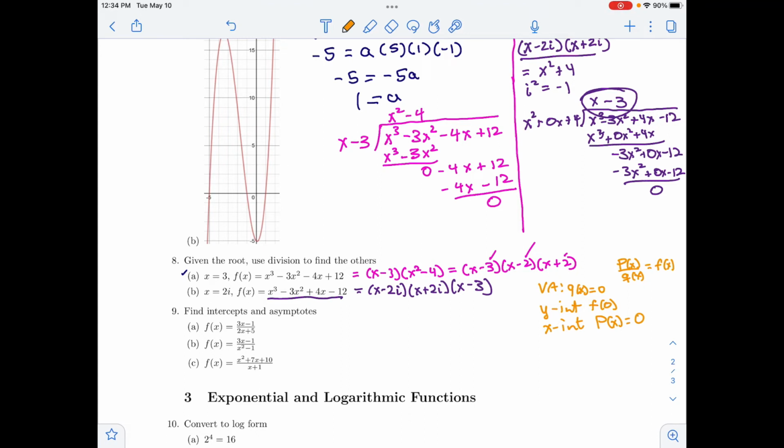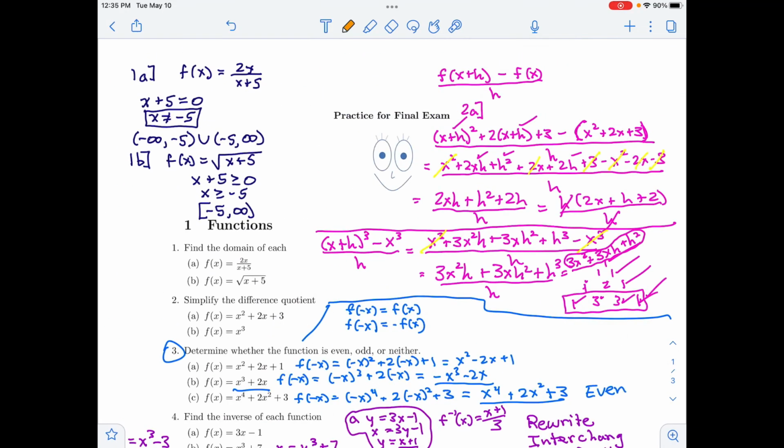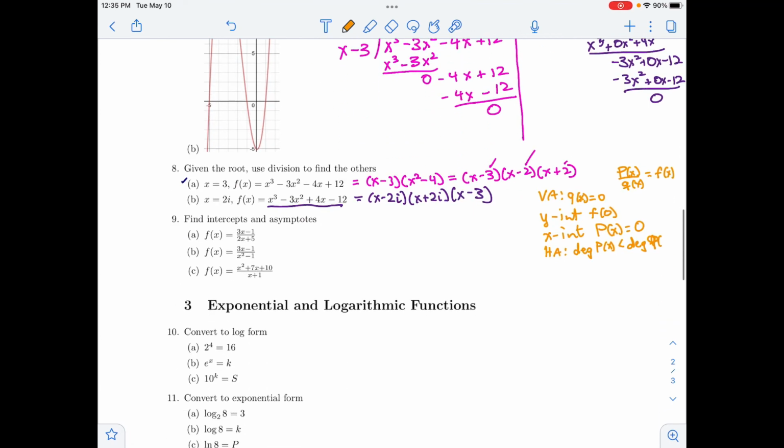Now, to find the horizontal asymptote, we have cases. If the degree of the top is less than the degree of the bottom, then it's the x-axis.